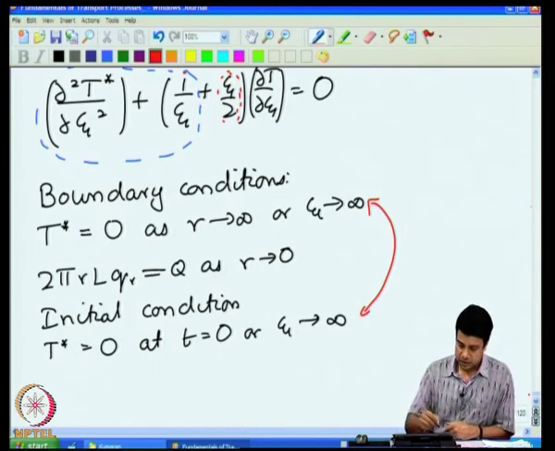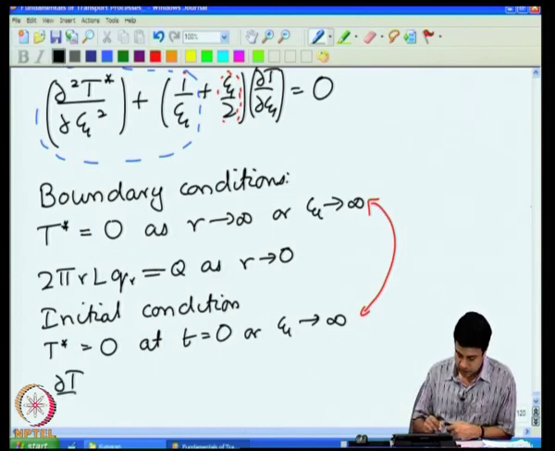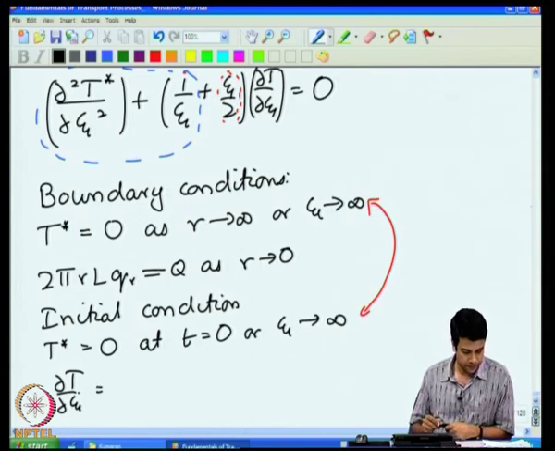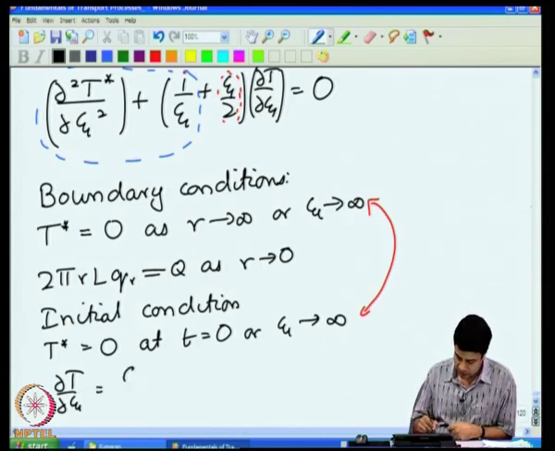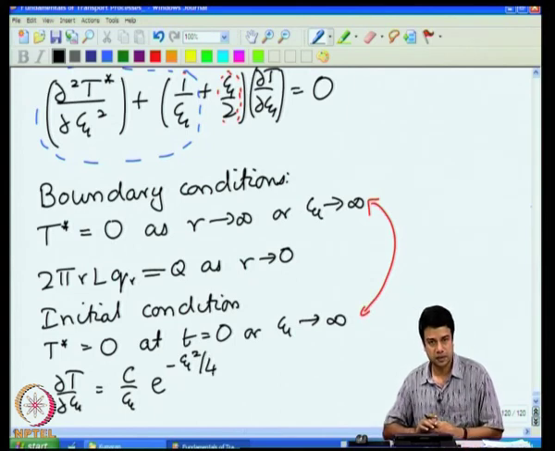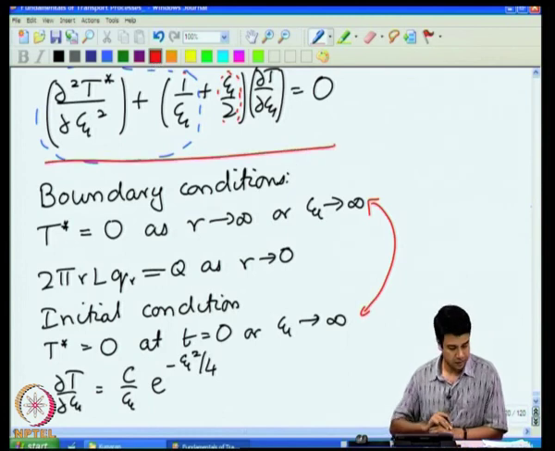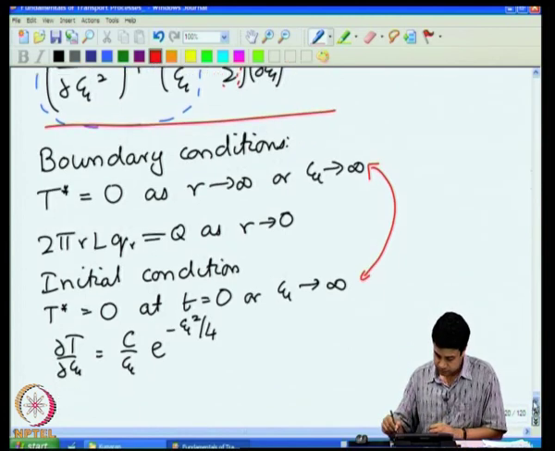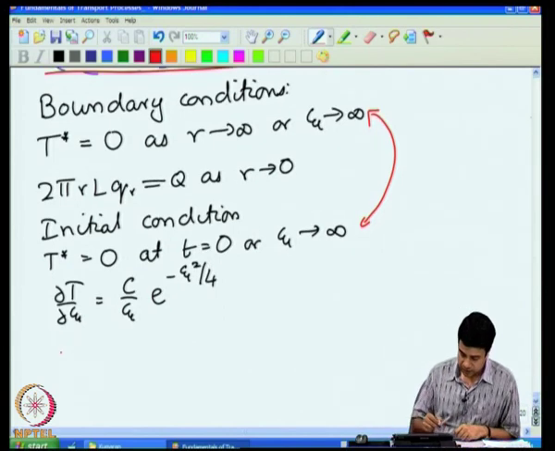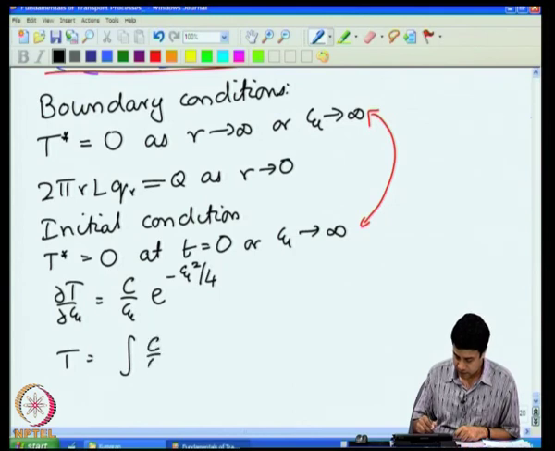Integrating this equation once, I will get dT by d psi is equal to some constant by psi, e power minus psi squared by 4. Integrating this equation one more time, I get T is equal to the integral of c by psi prime, e power minus psi prime squared by 4, d psi prime.